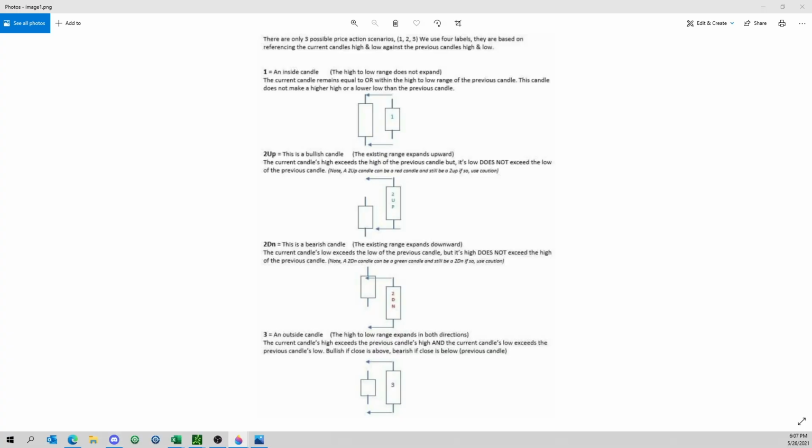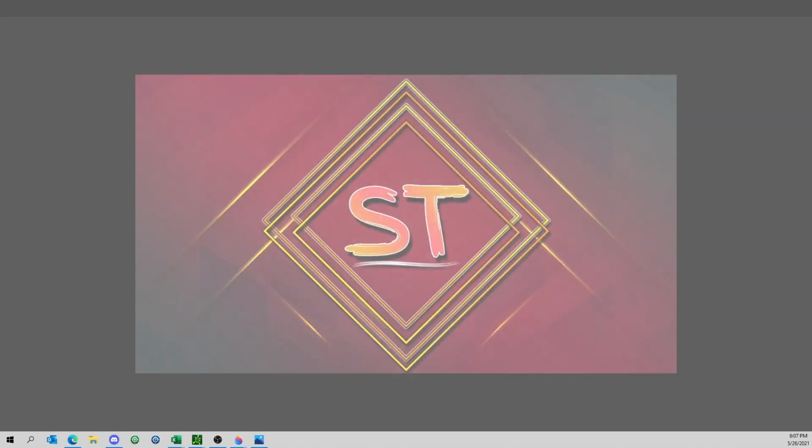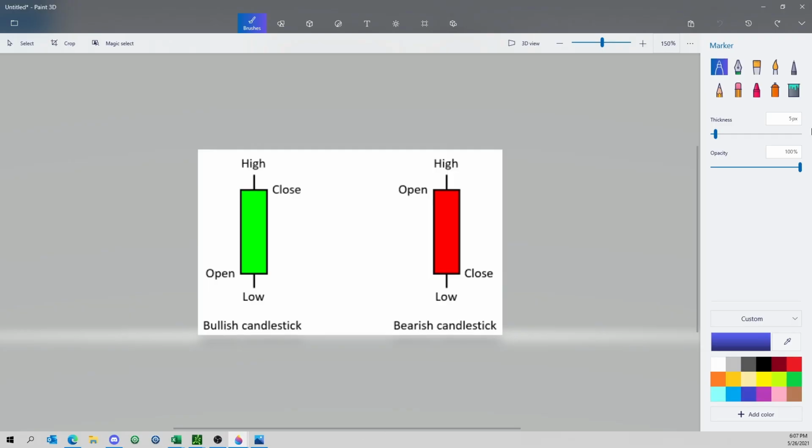So for instance, say we have a nice green candle here. A 1 candle would be inside. You can see we did not break the low, we did not break the high.